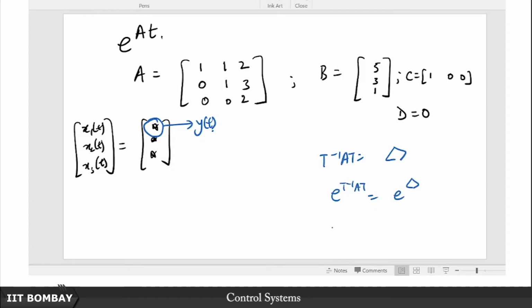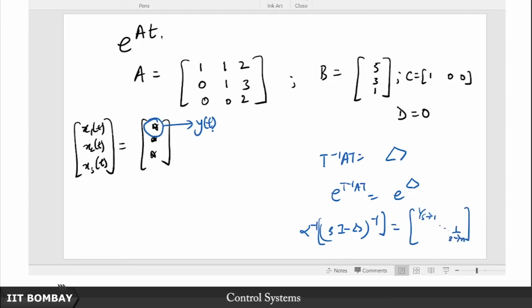So how do you get the diagonal? We said that you take sI minus this, inverse, and you take the Laplace inverse of this, and then you get this as 1 by s minus lambda 1 dot dot dot till 1 by s minus lambda n.